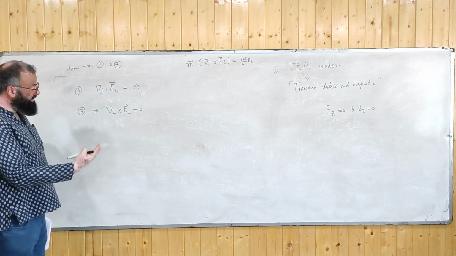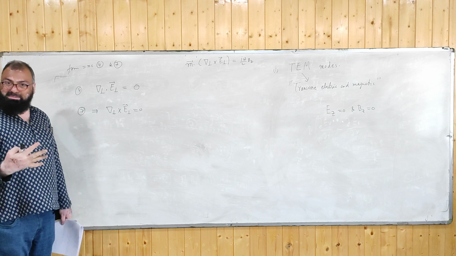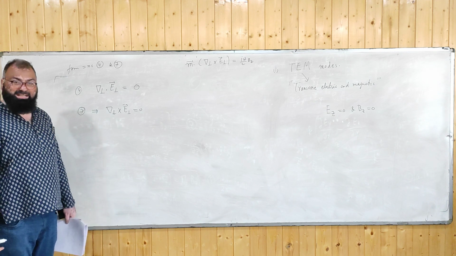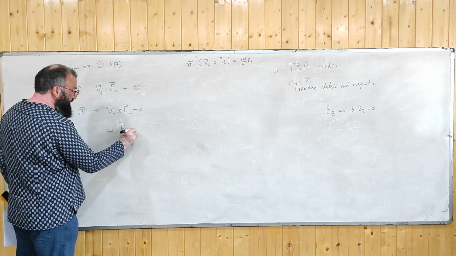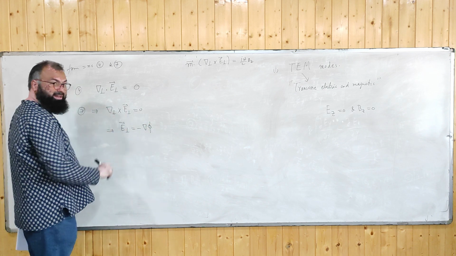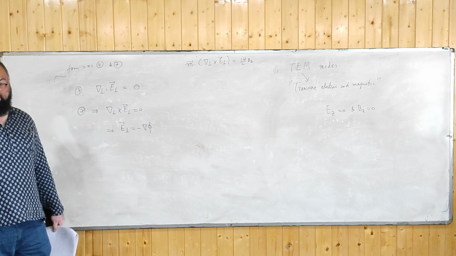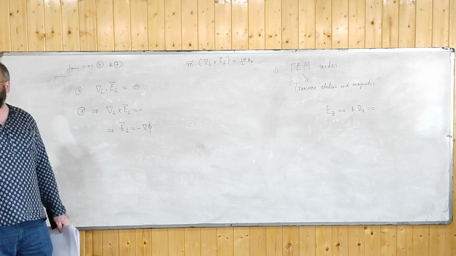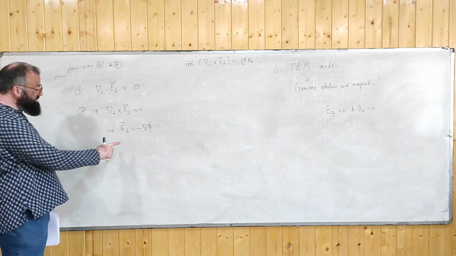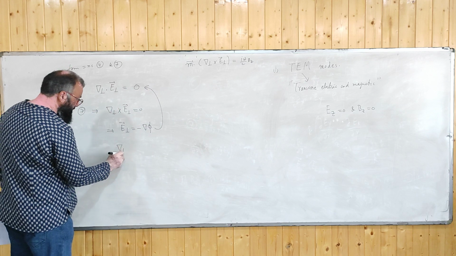When you are having a curl of some field equal to 0, what does it mean? I can always express that field in terms of the gradient, is it? So this equation implies E perpendicular can be written as minus del phi, where phi is some potential defined on the surface of the conductor, since our waveguide is a hollow cylindrical conductor. Clear? So substitute it back here. So what will you get?